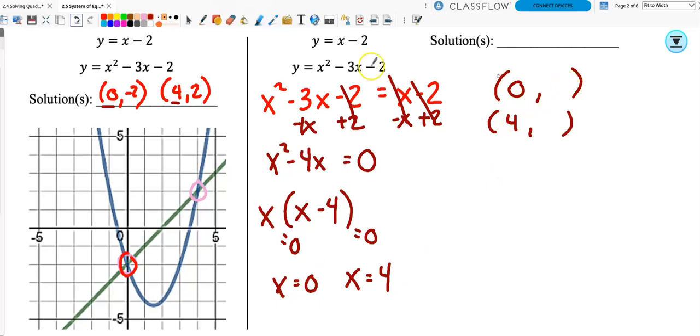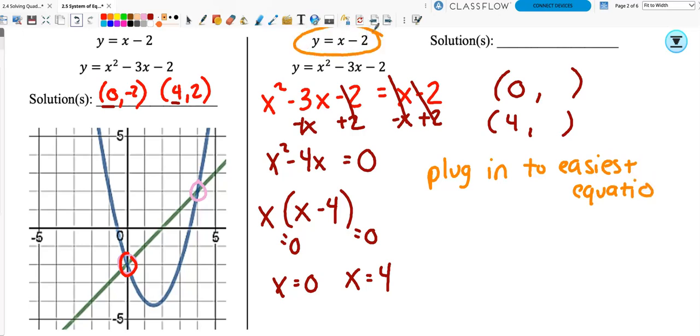To figure out the y value, you're going to plug it into the easiest equation. In my opinion, it's always going to be the linear one, because there are fewer x's, less squared. So I'm going to take y equals, put a 0 in for x: 0 minus 2. 0 minus 2 is -2, so that is the y part of your ordered pair, which is what we already found.